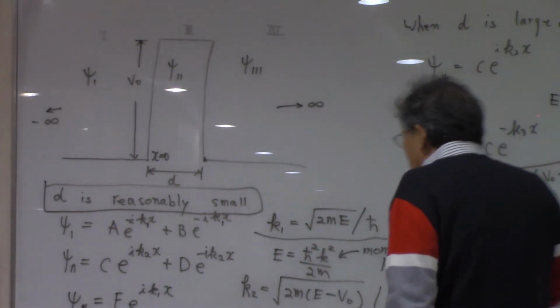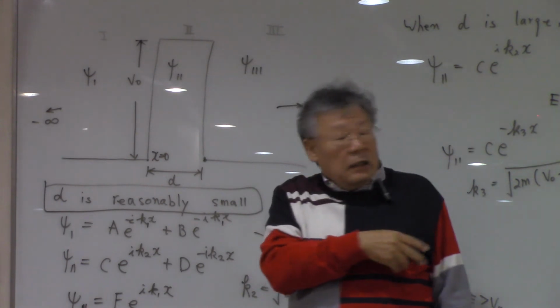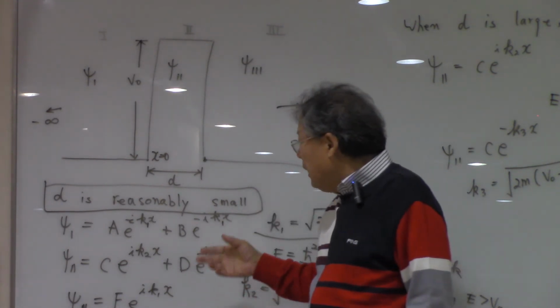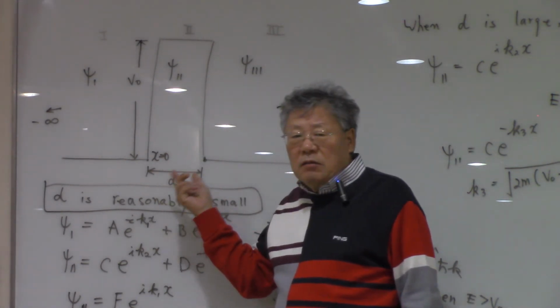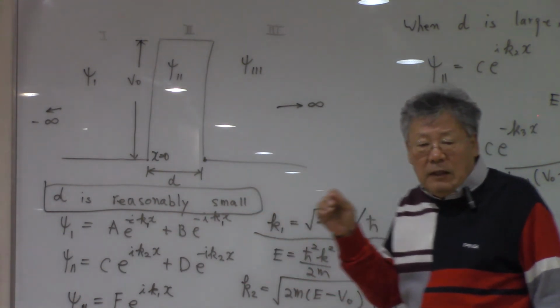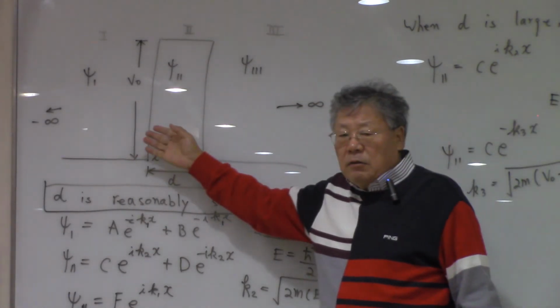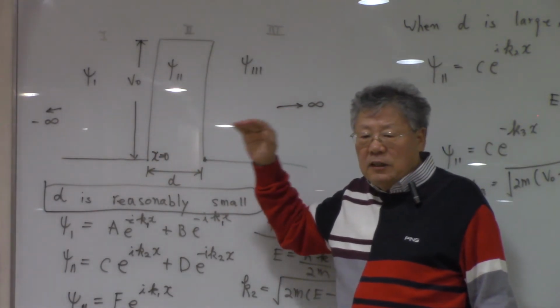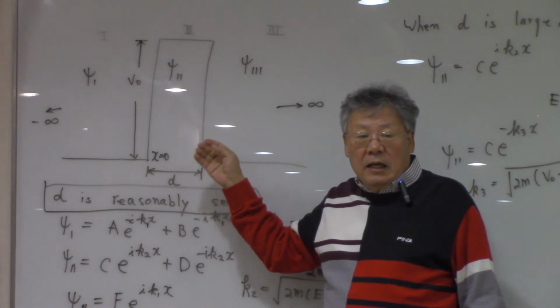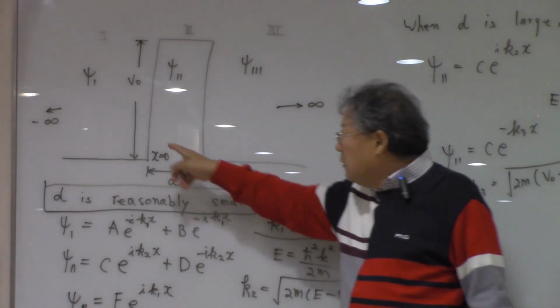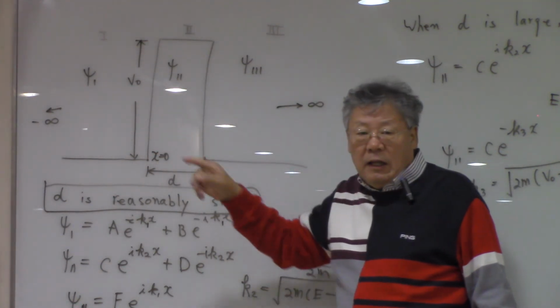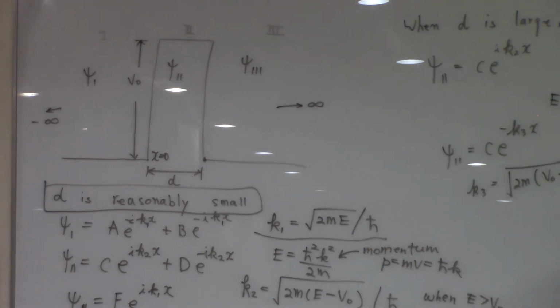But in quantum theory, the Schrödinger equation says if d is very narrow, very small, then some of the electrons whose energy is less than the barrier height can tunnel through these barriers, and that's what happens in reality.